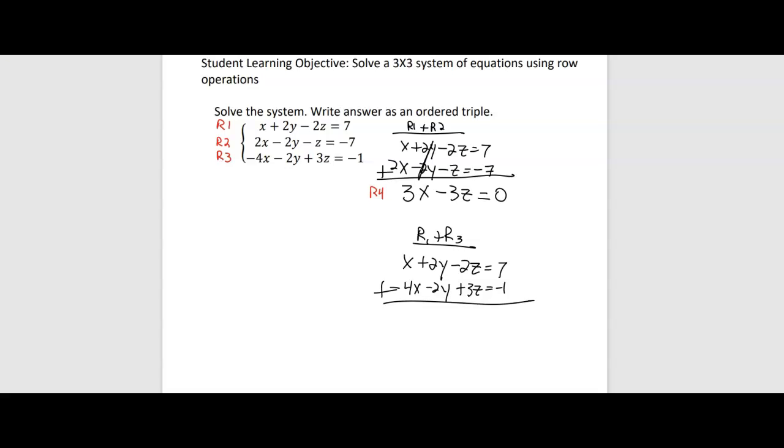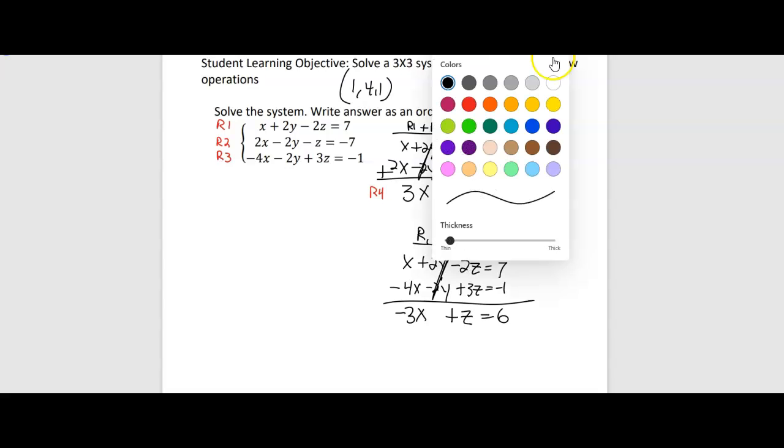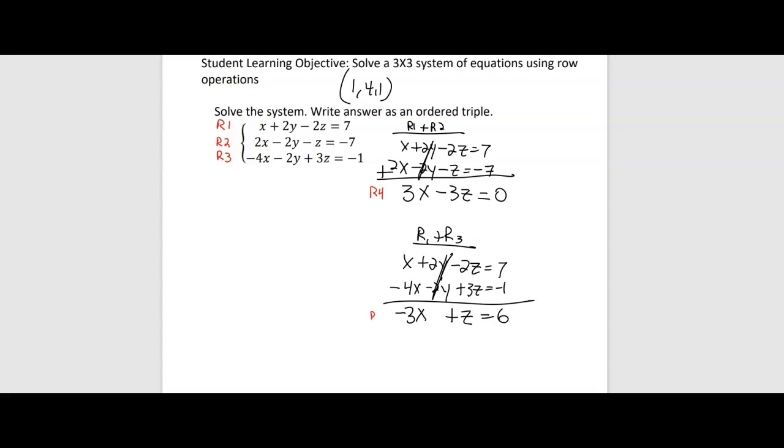When I add these up, I again eliminate the y. To start this process, you need to pick a variable, whichever one you want, and eliminate it twice with 2 different combinations. So this is working out well. X minus 4x is negative 3x, no y, plus z equals 6. This would be a row 5.